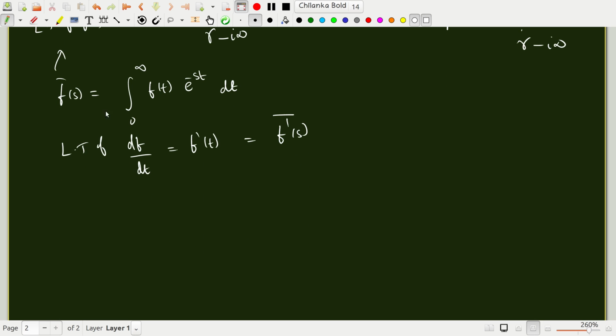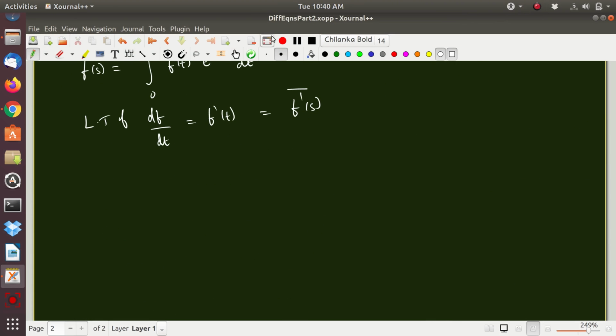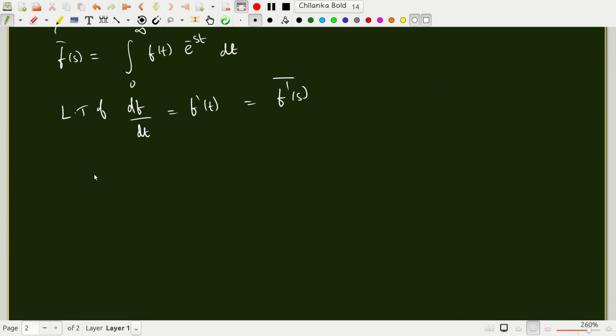In order to find this, instead of f of t, you will have df dt e to the minus st dt.